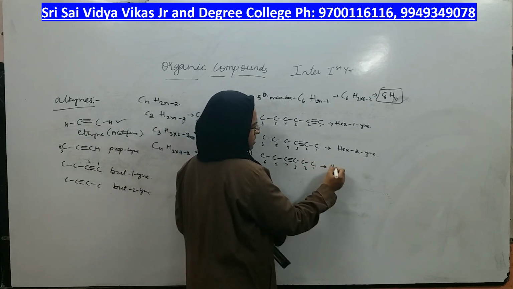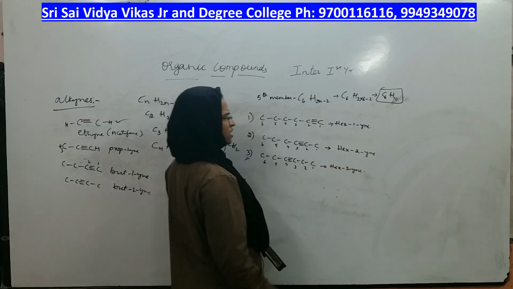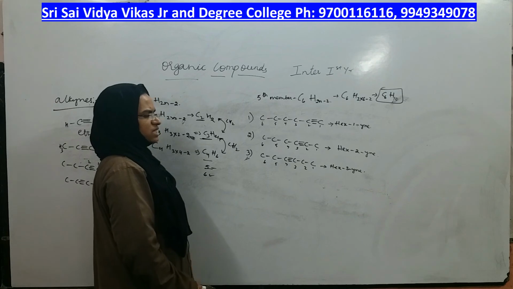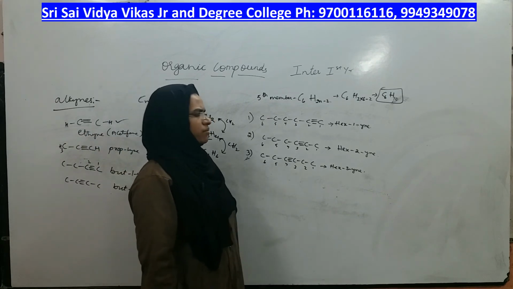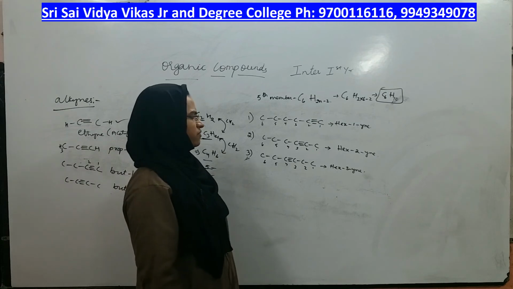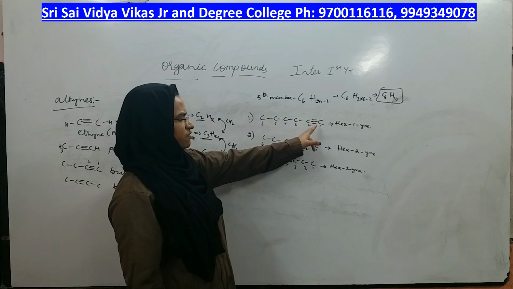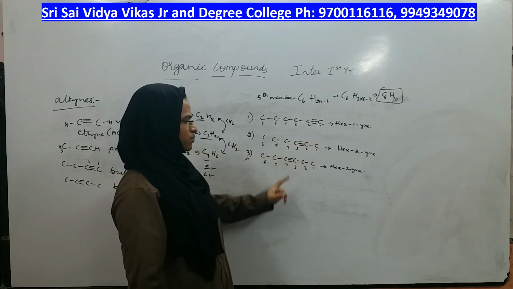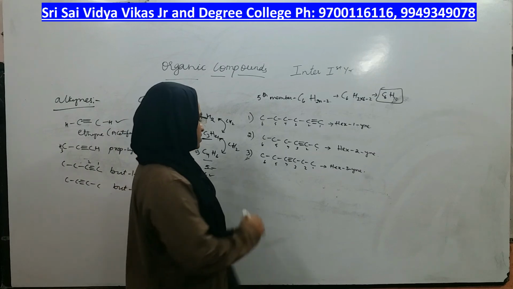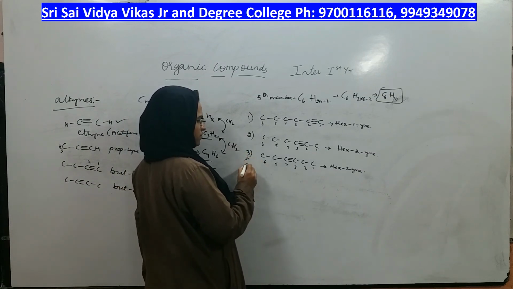Therefore the name is hex-3-yne, right? So all these are which isomers? They are position isomers, in which the molecular formula is the same, but the position of the functional group is different. Here the functional group is a triple bond. Earlier the position was at the first carbon, then at the second carbon, and now the final position is at the third carbon. Now for 6 carbons in the longest chain, all the options are completed.